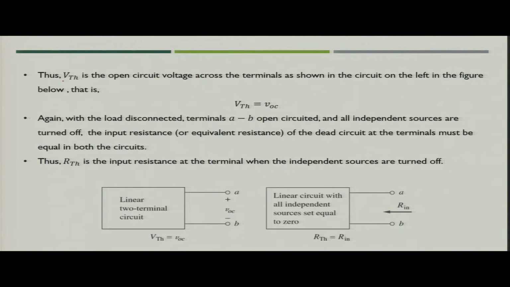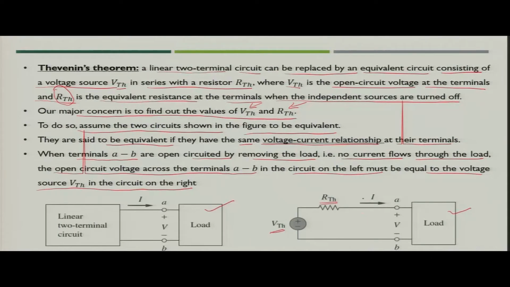How? Because VTH is the open circuit voltage across the terminals. When you remove the load, you will see some voltage, let us say it is VOC. Similarly, for the Thevenin equivalent, if you remove the load, you will again get the value VOC, and these two VOCs are the same because this VOC would be nothing but VTH.